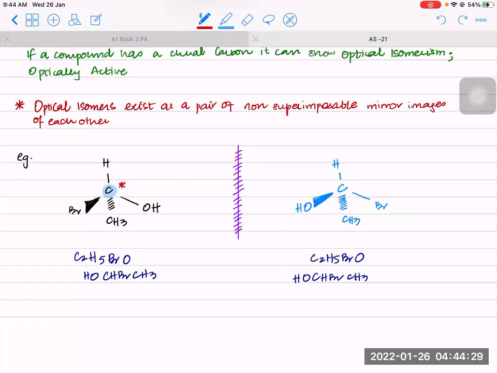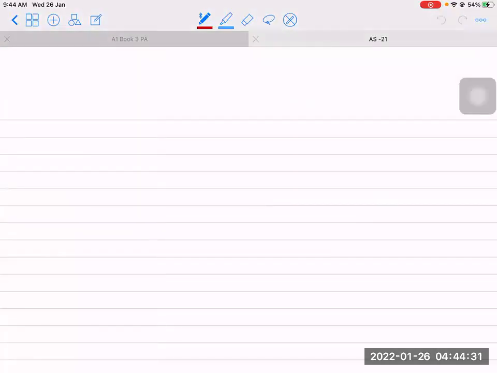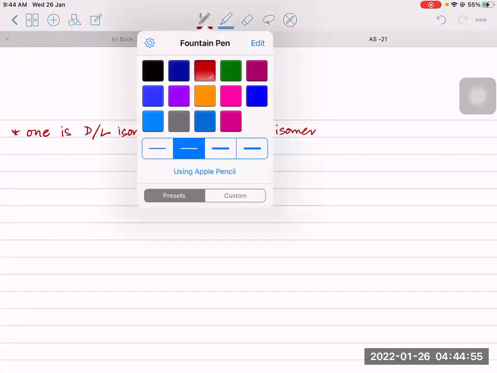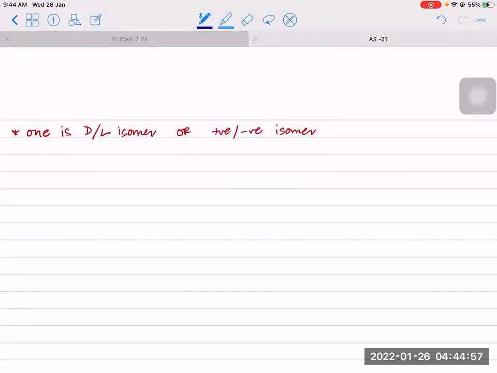So one is called a D isomer, or you can call them a positive and a negative isomer. You don't have to identify them. You only need to draw them. Clear? Is this clear?